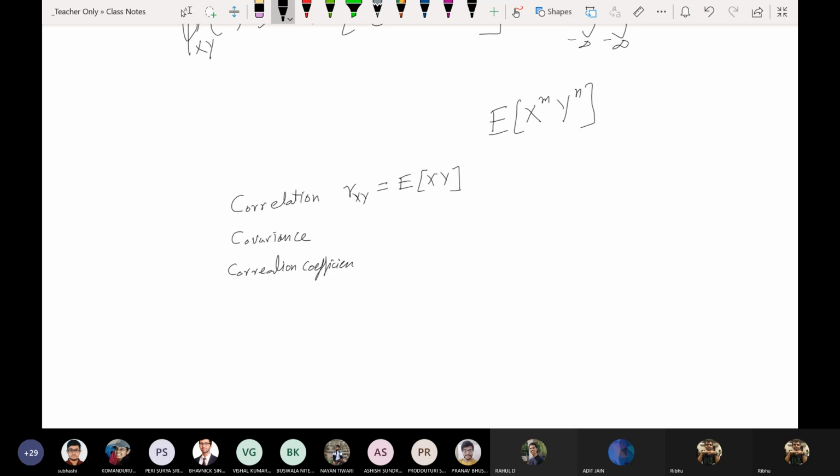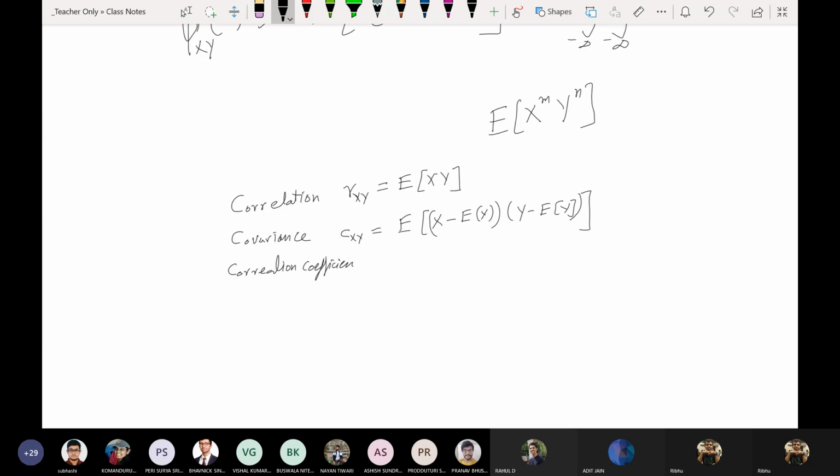Covariance we represent using Cxy, and this is expectation of (x minus expectation of x) times (y minus expectation of y).